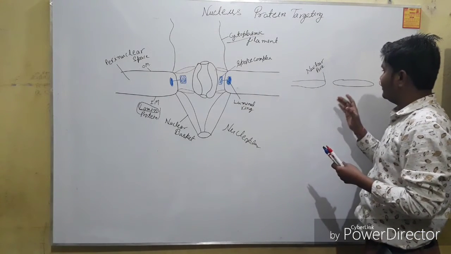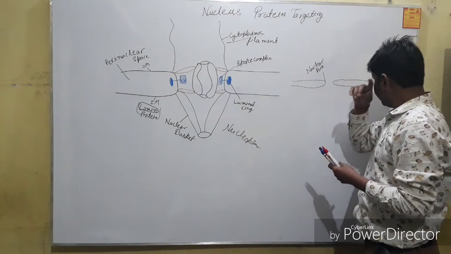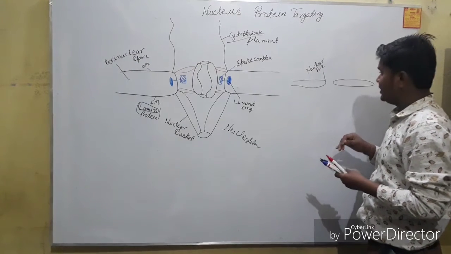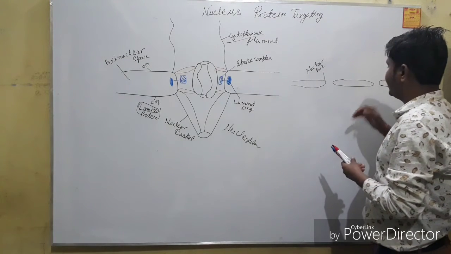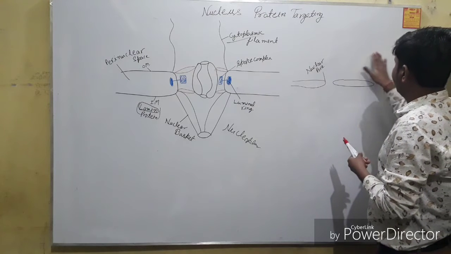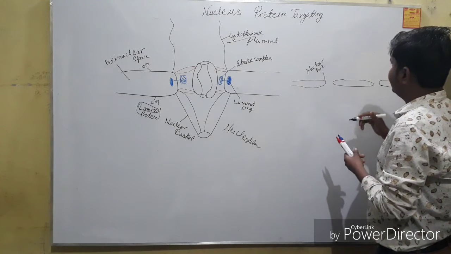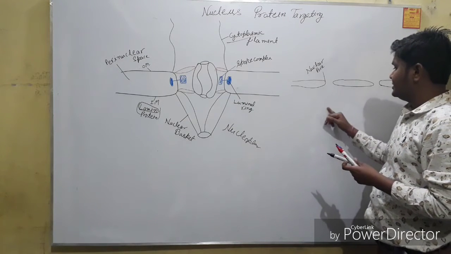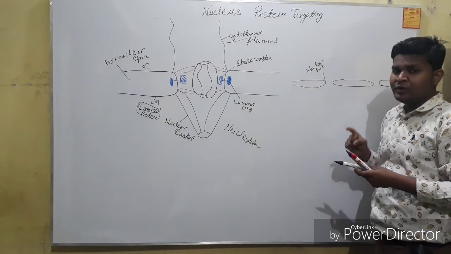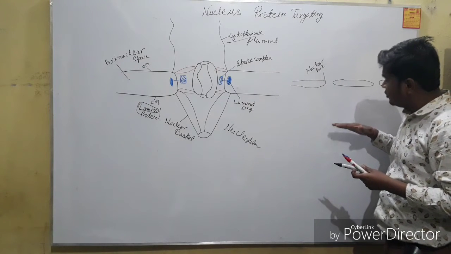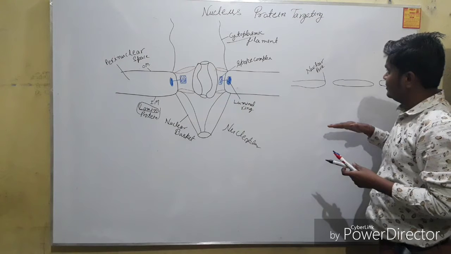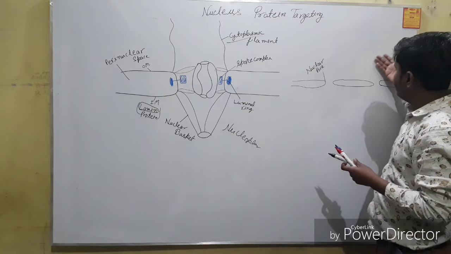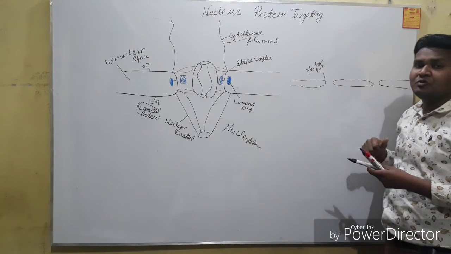Now we will discuss protein transportation in the nucleus. There are two types of transport, exporting and importing. Exporting means the protein wants to go to the cytoplasm, and importing means importing into the nucleoplasm.